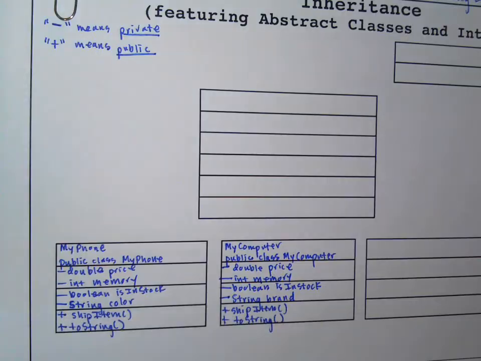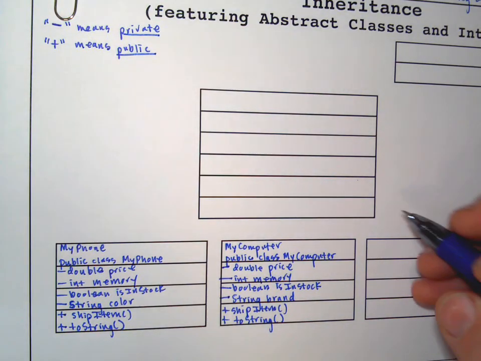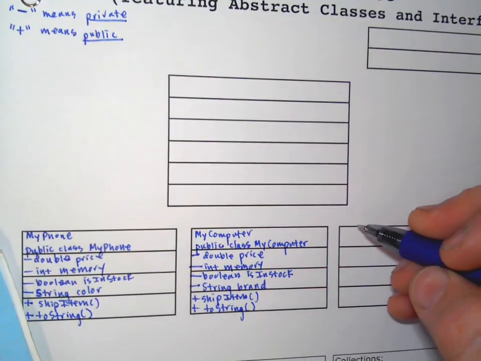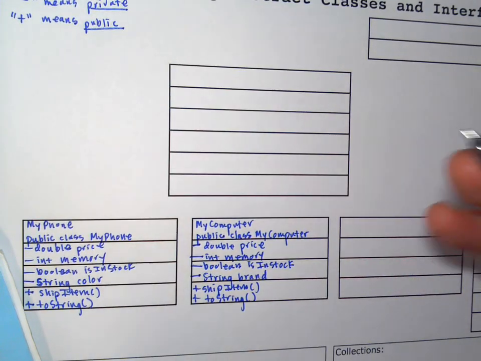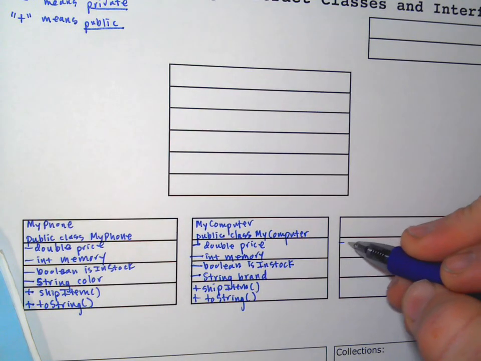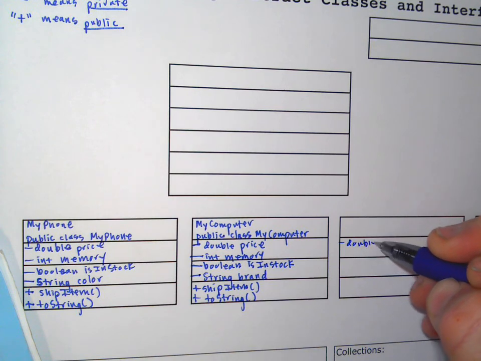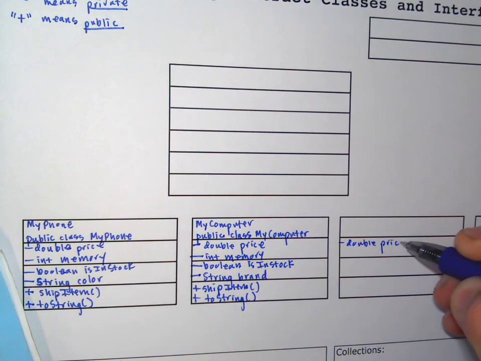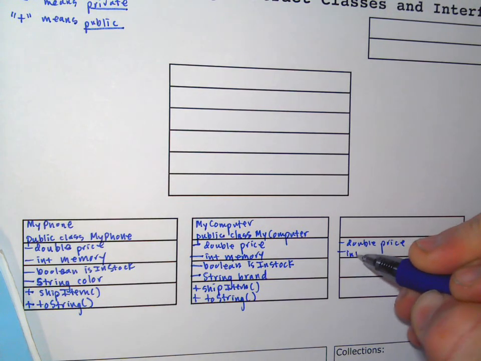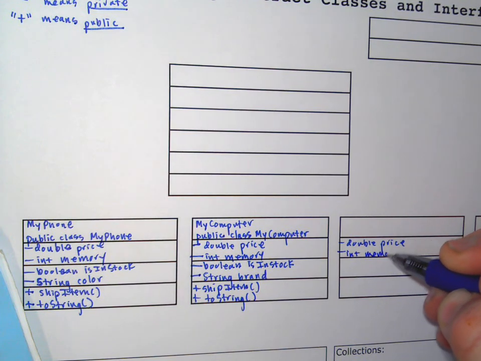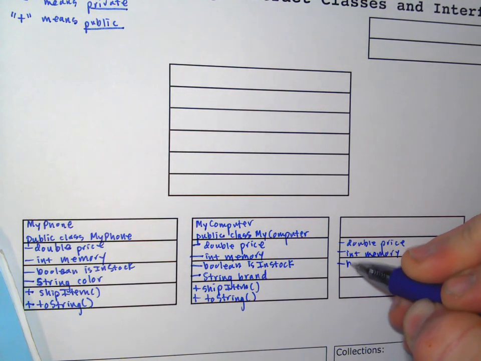Okay. So now you're going to do your own third electronic device. It should have double price, private instance variable. It should have int memory, and it should have Boolean isInStock.